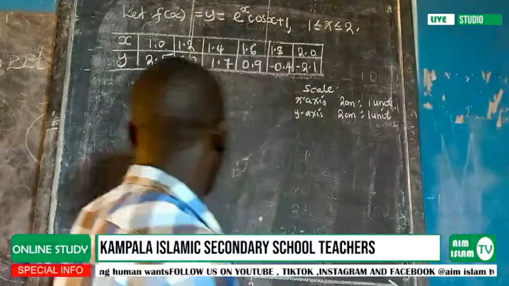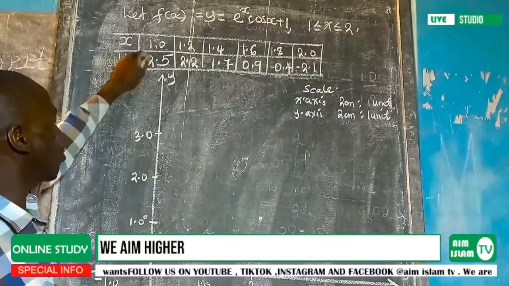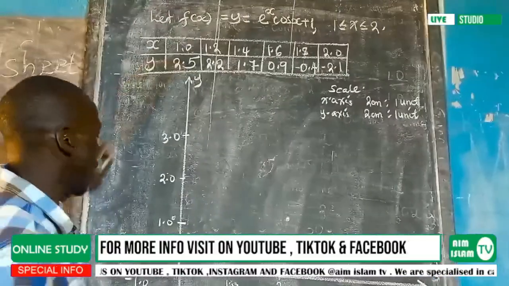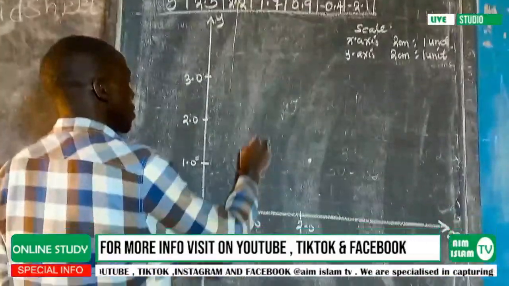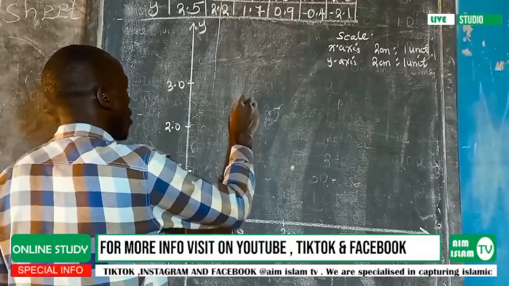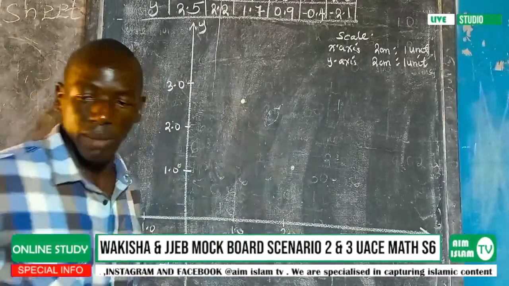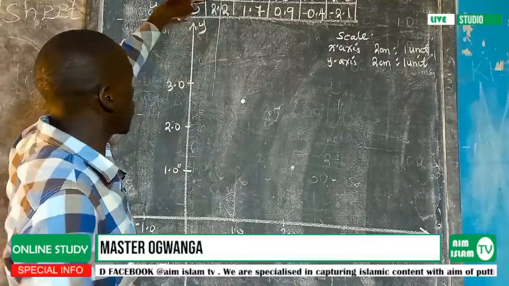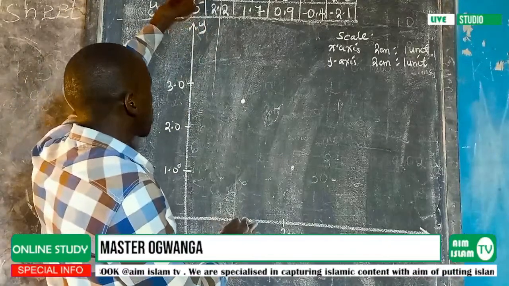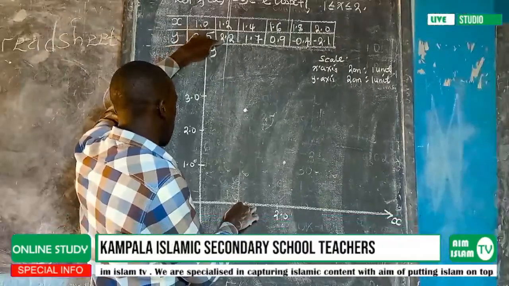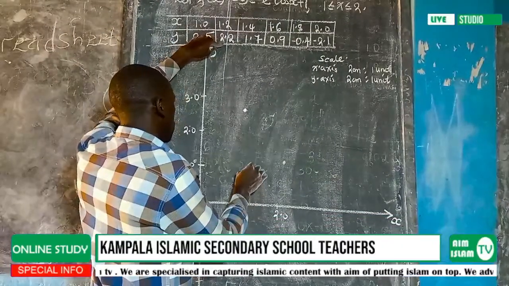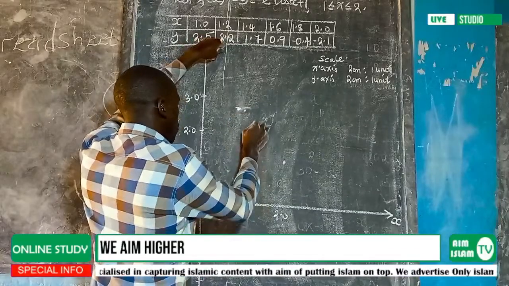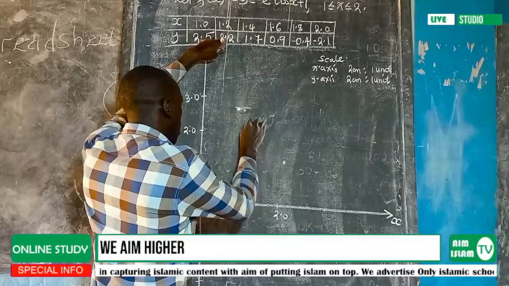So we can go ahead and plot. The first point is 1.0 against 2.5, which will be somewhere in the middle there. Go to another one, 1.2 against 2.2. 1.2 is after 1, with a difference of 2 small boxes, and 2.2 will be down here.